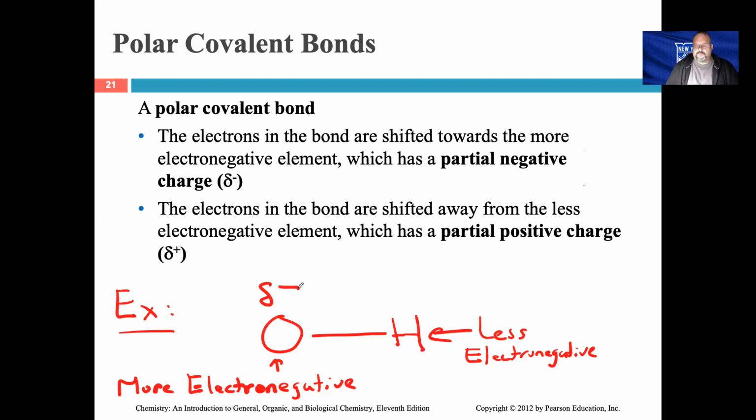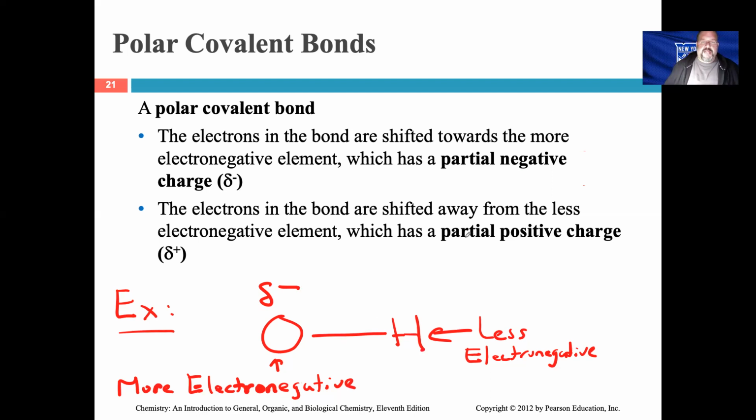charge. Now, on the other hand, the electrons in a polar covalent bond are shifted away from the less electronegative element. If the other element has more of an attraction for the electrons, then they're being shifted away from the less electronegative element. So what charge is the less electronegative element feeling? Well, if the electrons are being shifted away from it, it's feeling more of a positive charge.